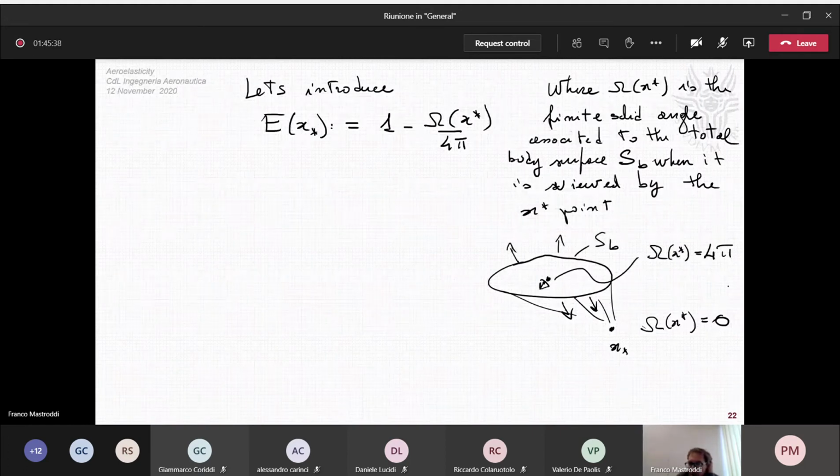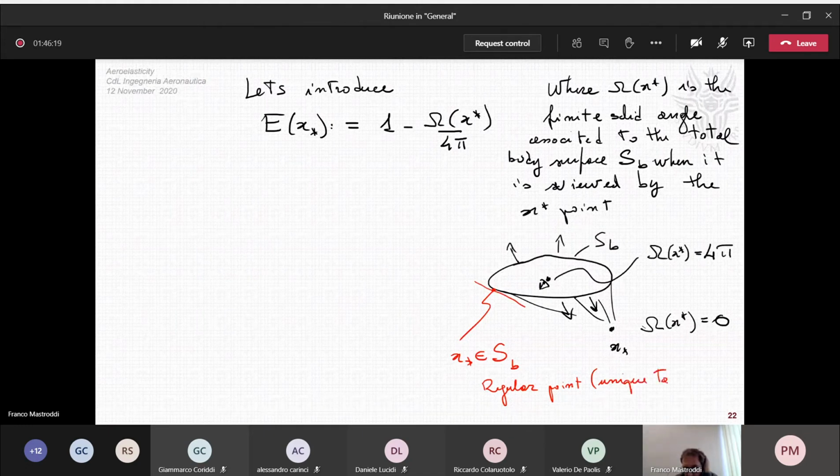But in this case, you are also able to see what happens in the case your x star is on the surface. In the case of x star in the S body here, a regular point means unique tangent plane.